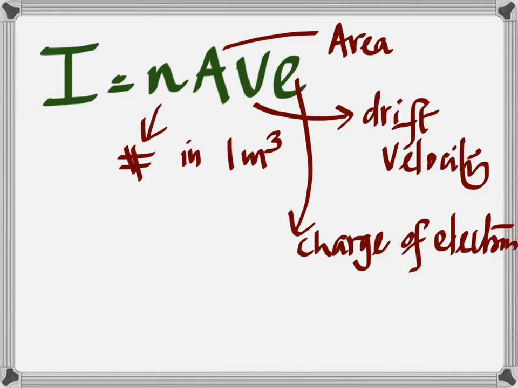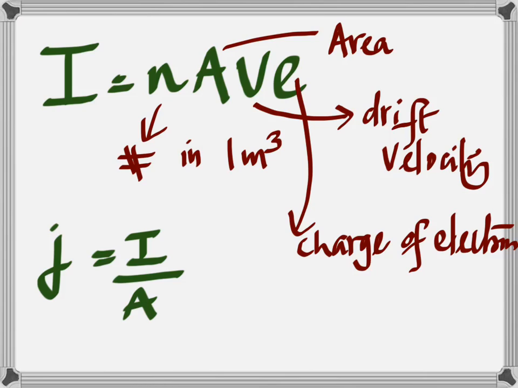Now from this formula we could also go to the formula for current density. Current density is defined as the current flowing through unit area. So you divide by A, and from the above formula you would get N V E. Remember that current density is a vector.